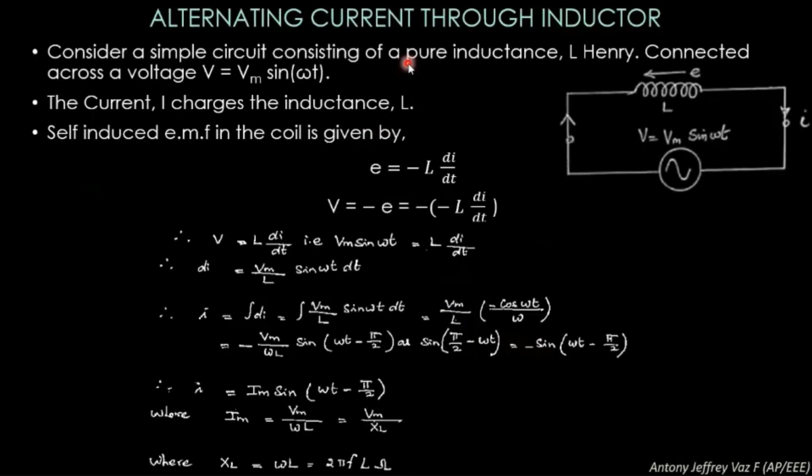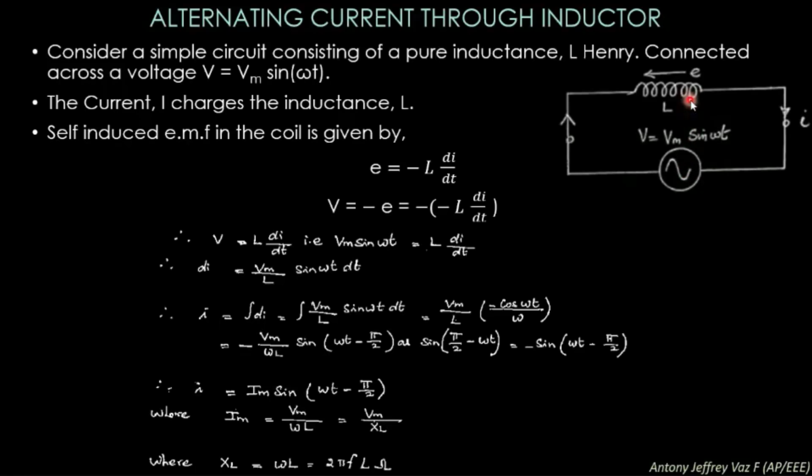Alternating current through inductor. Consider a simple circuit consisting of a pure inductance L, which is measured in Henry, connected across a voltage of V is equal to Vm sin omega t. The current I charges the inductance L. So this is the circuit.